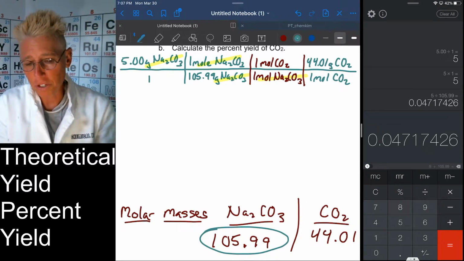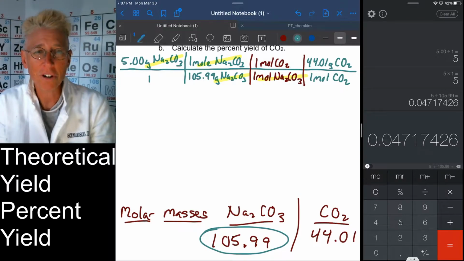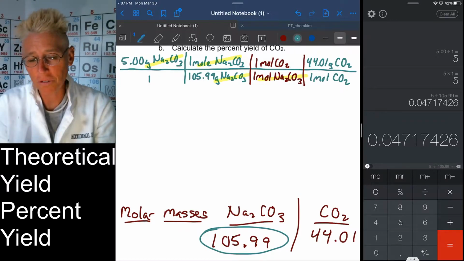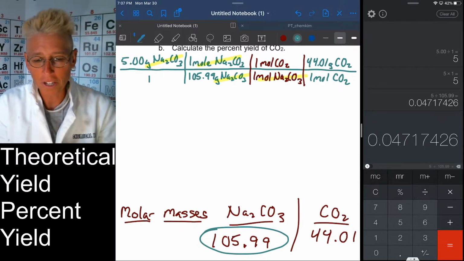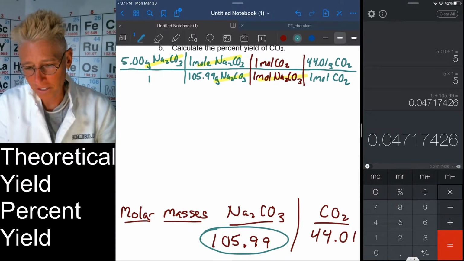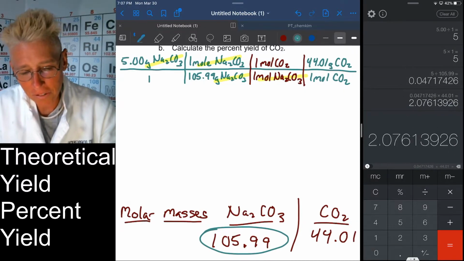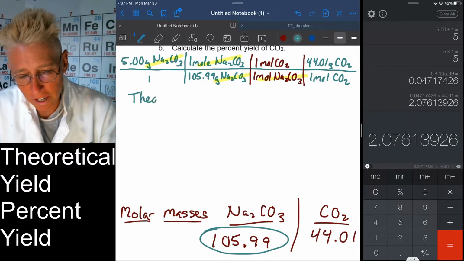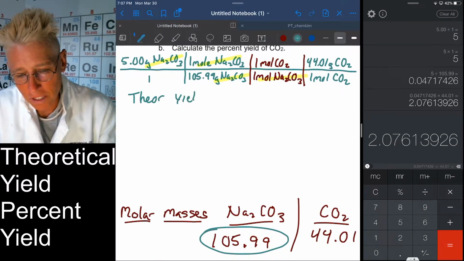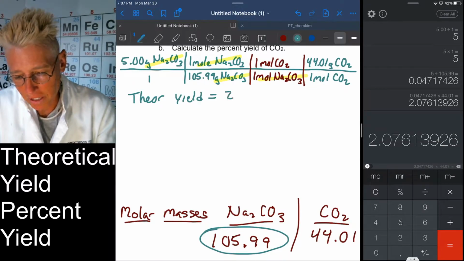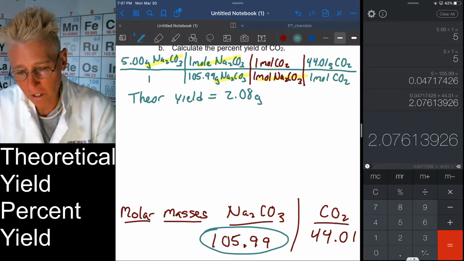Now, of course, the bridge step is a 1-to-1 ratio, so it is also equal to the moles of CO2. So my last thing to calculate is just hit times 44.01, and I get a theoretical yield. So for letter A, my theoretical yield by calculation is 2.08 grams.